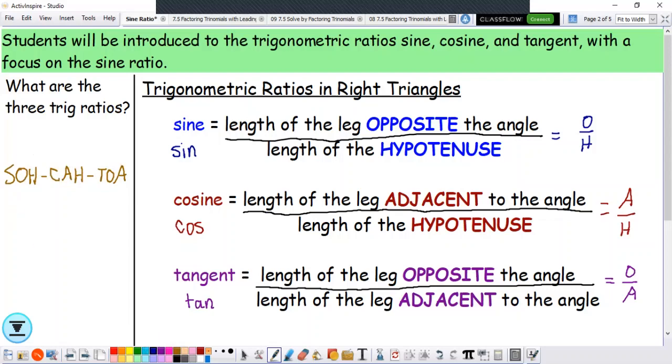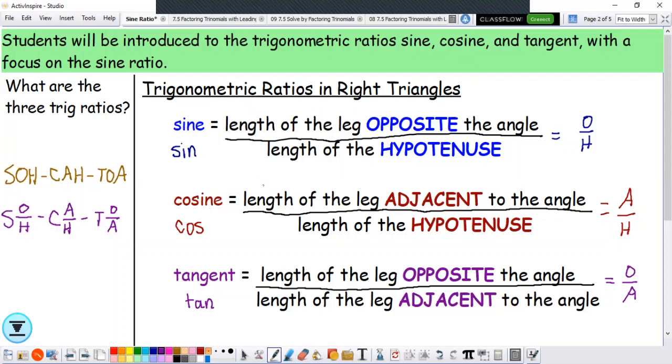You may also see it written with the S, but the O H behind it as a ratio. So sine is opposite over hypotenuse. Cosine is adjacent over hypotenuse. And tangent is opposite over adjacent. So this is your introduction to the three ratios.